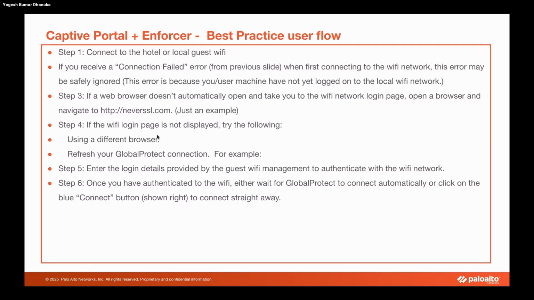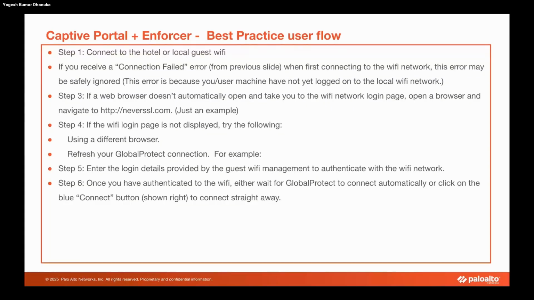Or let's say the user was doing something else, they were distracted, and the timer of captive portal has already passed. So the 10 minutes has passed, and now enforcer is blocking everything. So the user cannot do anything. At that moment, the user doesn't really need to restart the machine. What they can do is just refresh their GlobalProtect connection, because when they are refreshing it, the timer restarts.